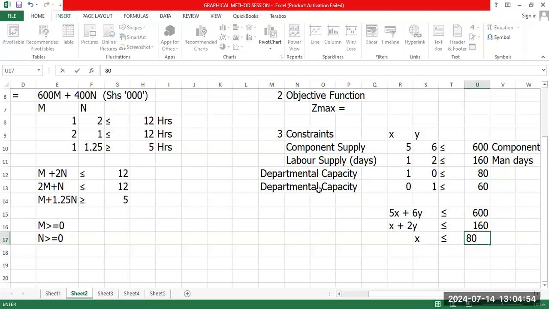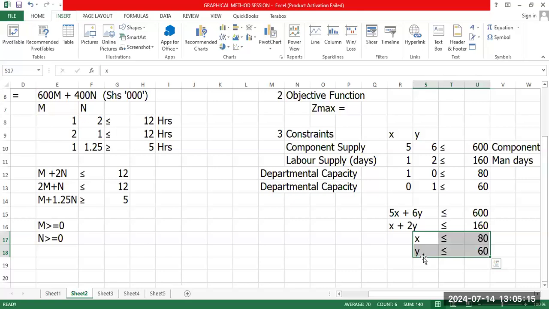Then for y, it is limited to 60. You see that you have only X here, you have only Y here.